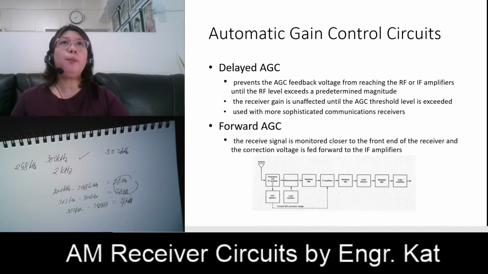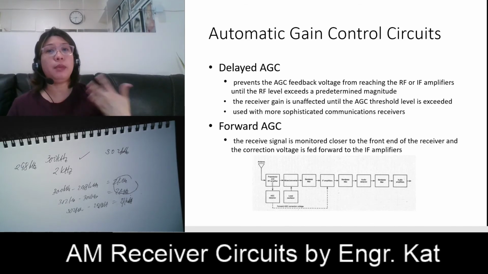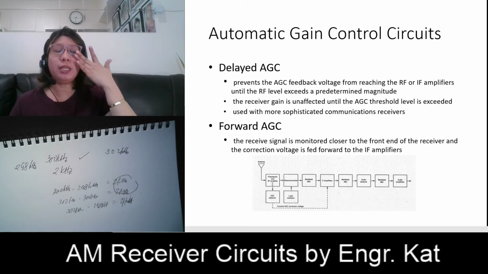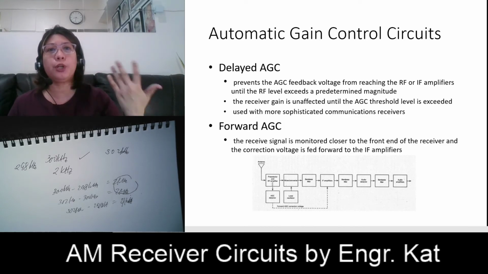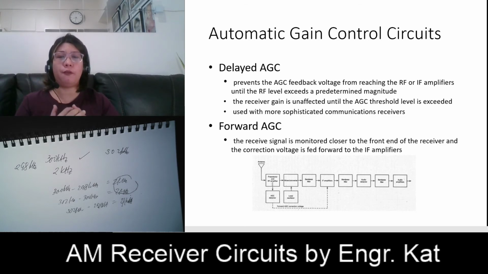The problem with the simple AGC is that the receiver gain is immediately affected. So we have a solution for that: the delayed AGC.